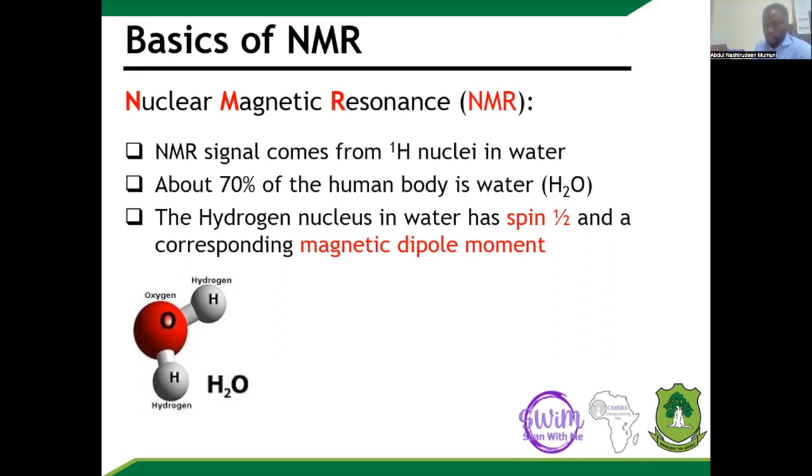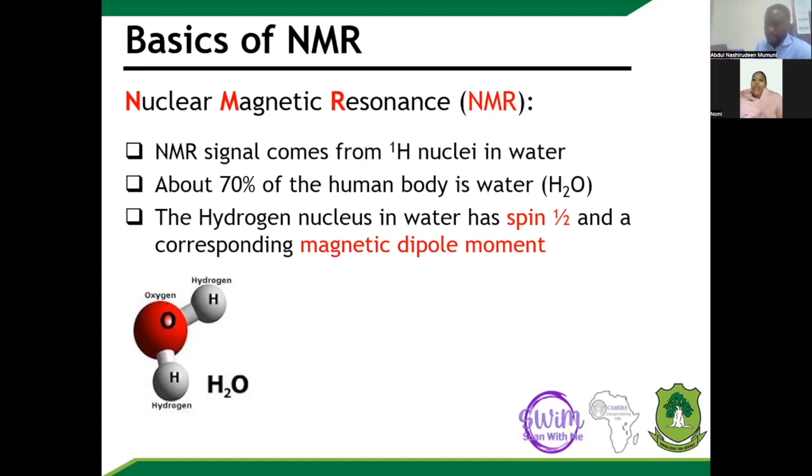And so the hydrogen nuclei have two properties that we exploit to do MRI. And these two properties are the tendency of the hydrogen nuclei to be influenced by an external magnetic field, which is what we call magnetic dipole moment.